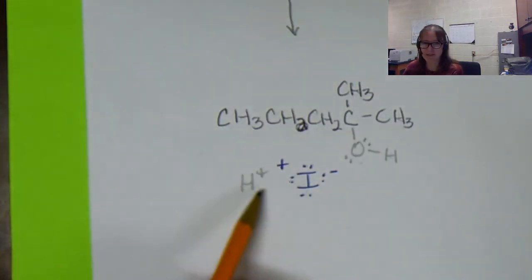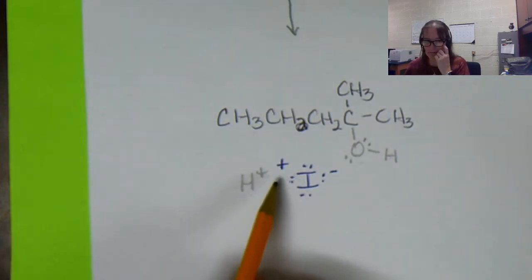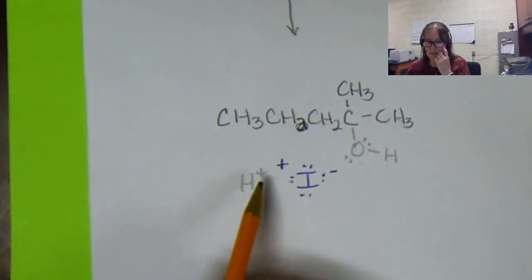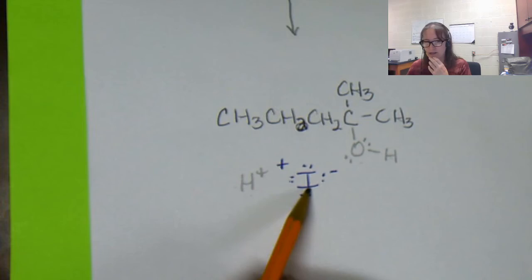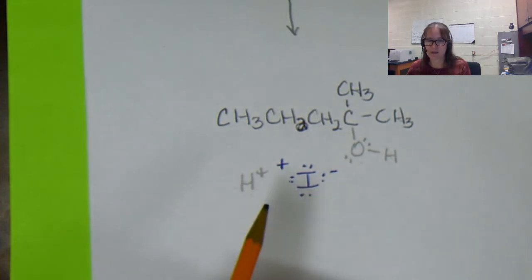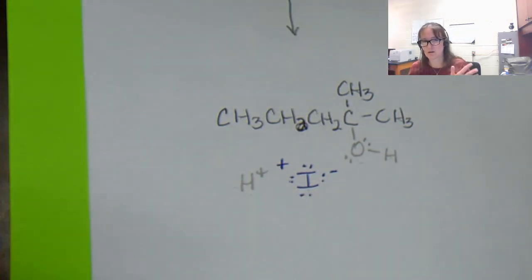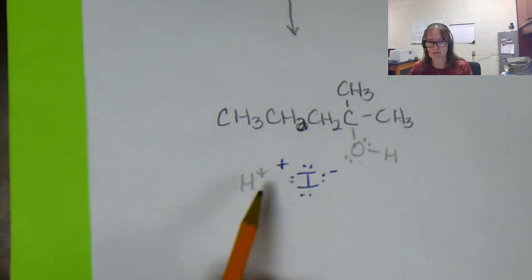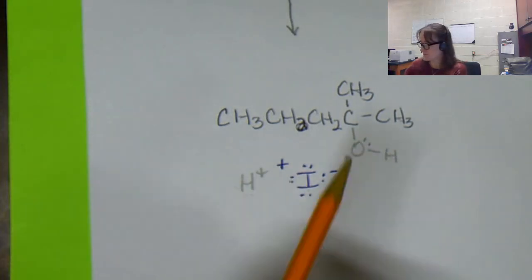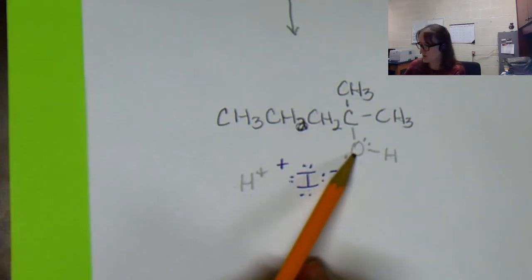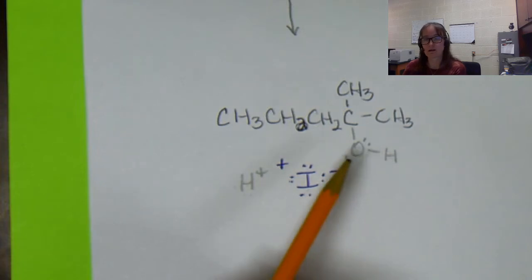And it will then be attracted. This bond will not completely form, because when hydrogen and iodine are in water, it's a strong acid, and so that bond does not form. But they are still going to be attracted to each other. So then you've got this OH now bonded, which was the original thing.